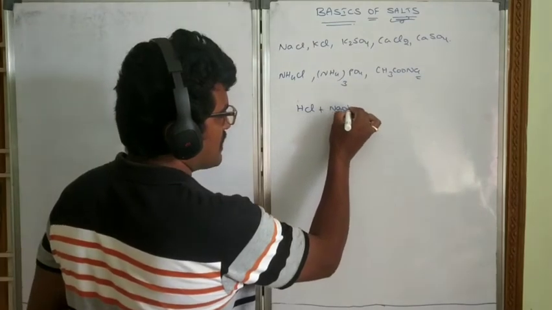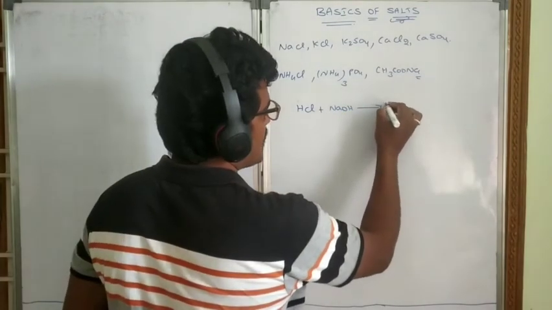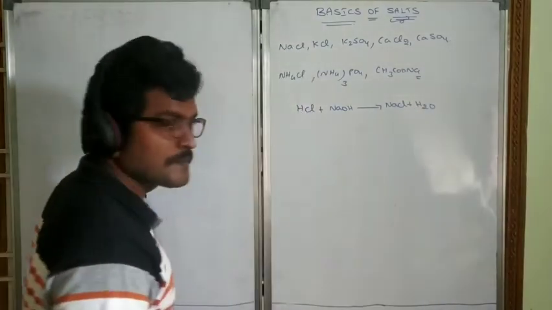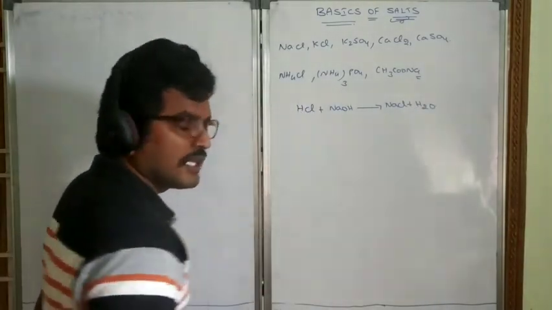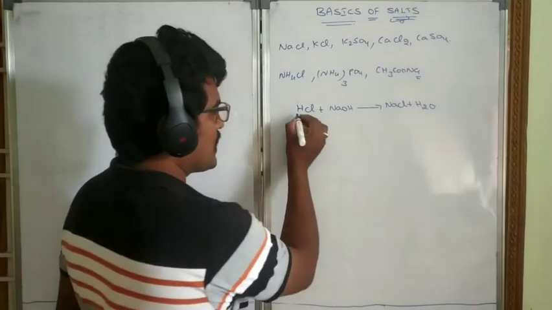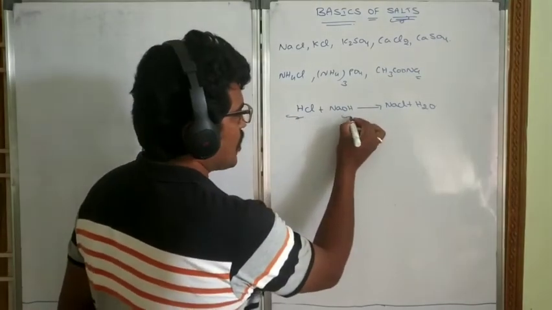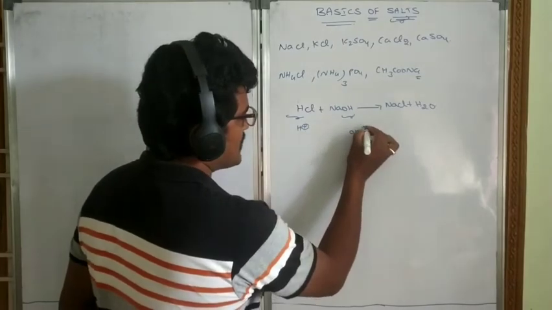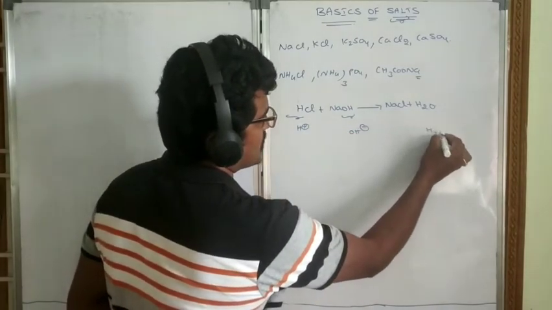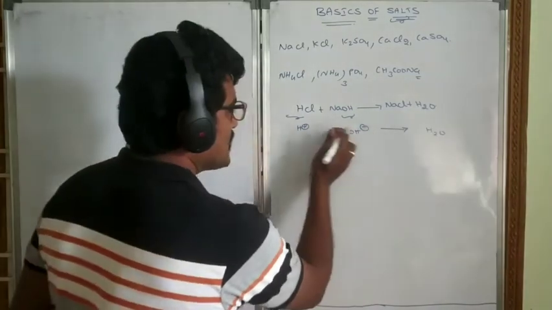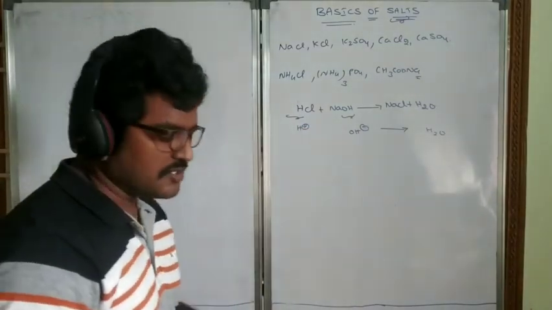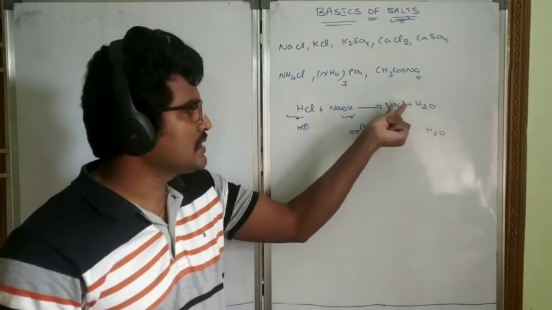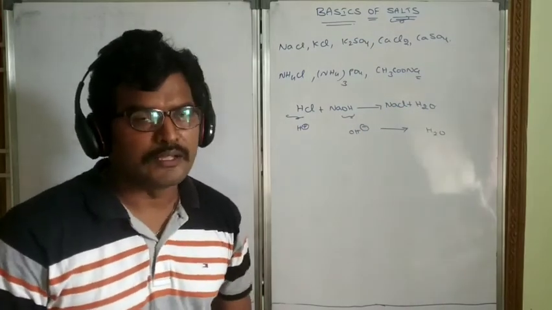Whenever HCl reacts with NaOH, it forms NaCl and H2O, and the reaction is known as a neutralization reaction. Neutralization reaction means the combination of H+ ion and OH- ion to form water. So during the neutralization reaction, along with water, salts are obtained.